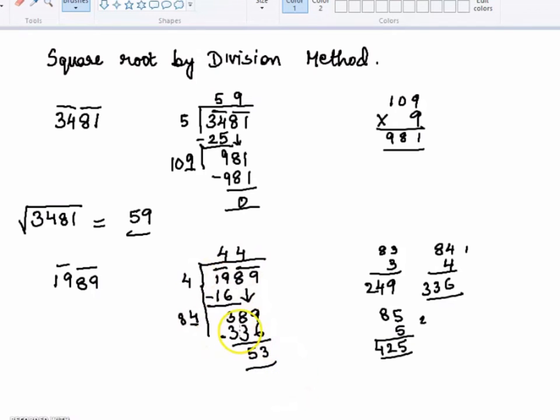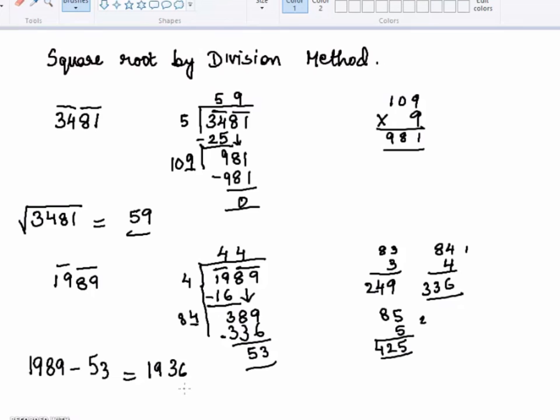So this is not a perfect square number because you are getting the remainder as 53. But if you subtract 53, then you can get a perfect square number. So if you do 1989 minus 53, then the resulting number that you will get will be 1936.